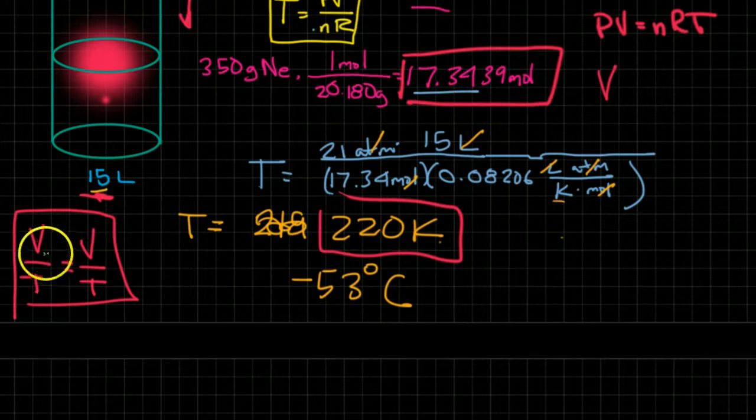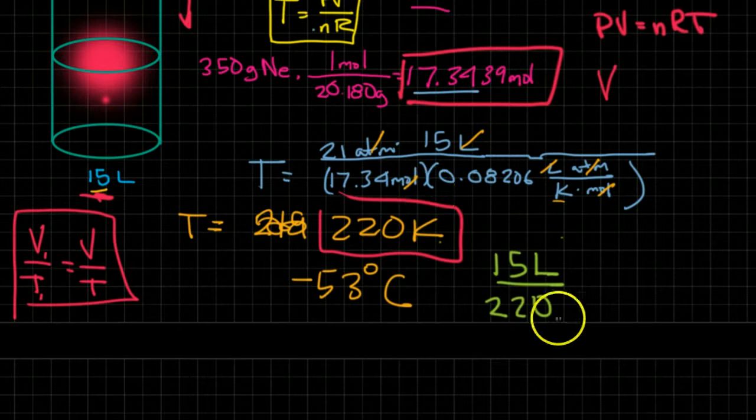Let's do it the easy way. I've got a volume here of 15 liters, and right now it's at 220 K. I know this is a little sloppy because I've done my rounding already, but I don't want to go back. I just want to get the principle.